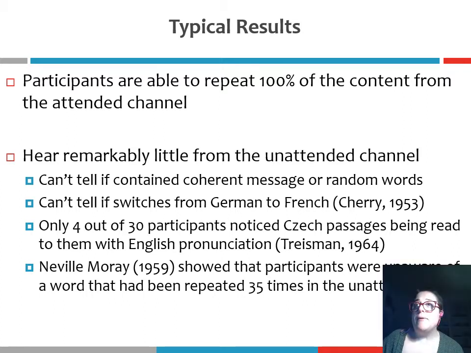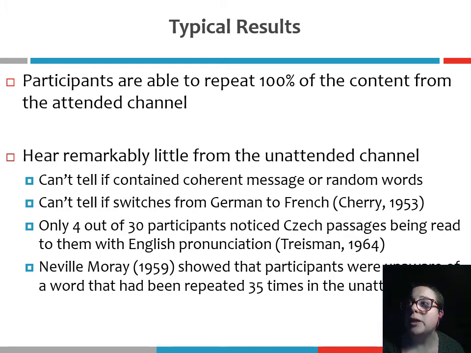Typical results of experiments using this dichotic listening paradigm are that participants can easily shadow a spoken message, easily repeating back whatever message they hear in the attended ear, and they can also report whether the unattended message is spoken by a male or female.